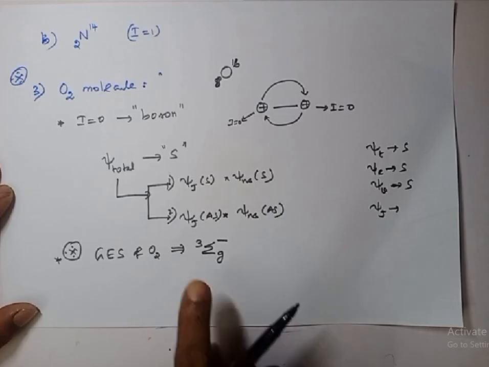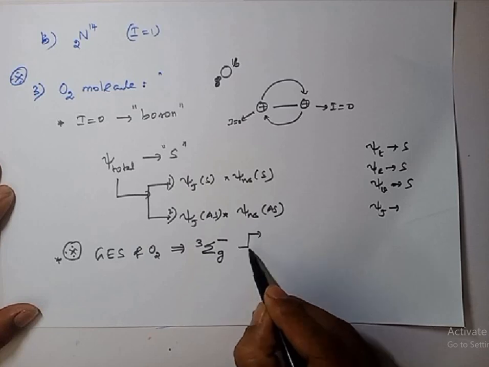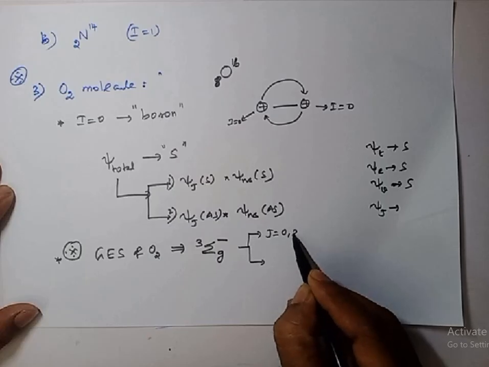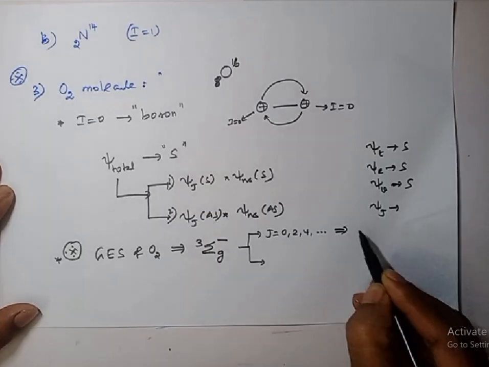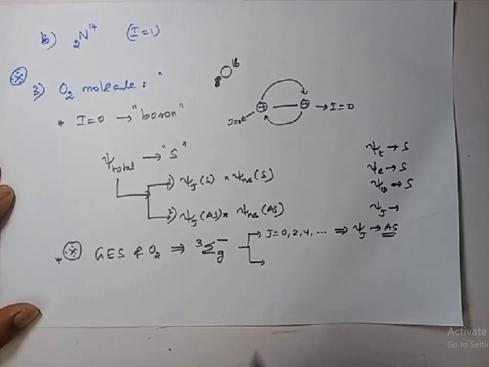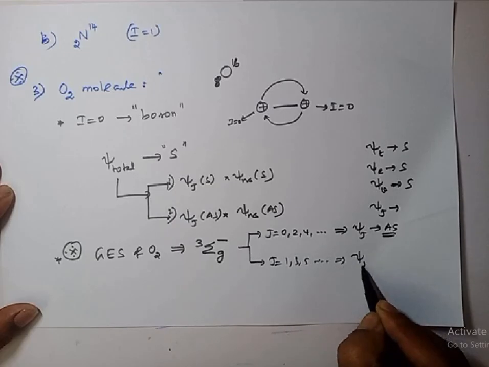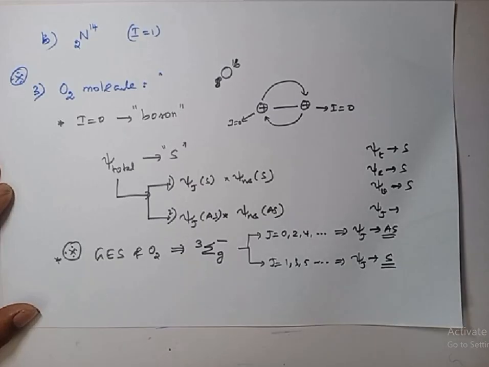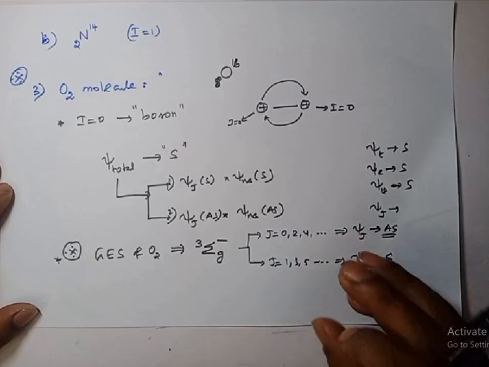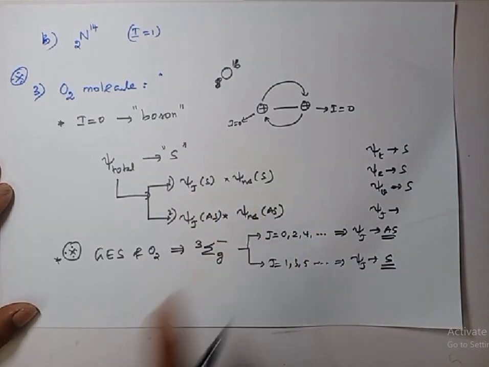If the electronic state is sigma g minus, then even J values 0, 2, 4 correspond to antisymmetric states for psi J, and odd J values 1, 3, 5 correspond to symmetric states. It is exactly opposite to sigma g plus.